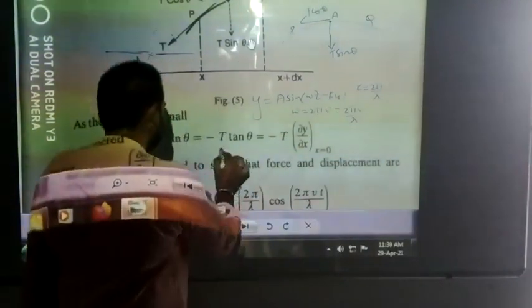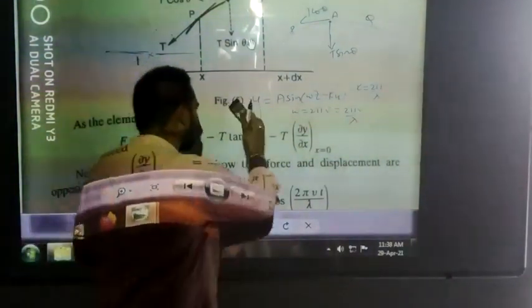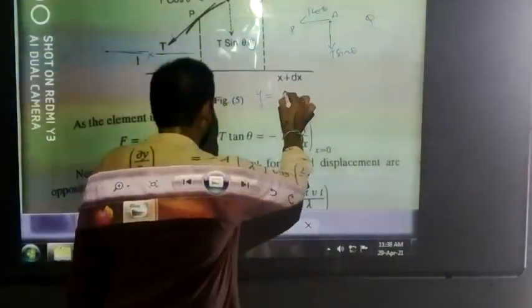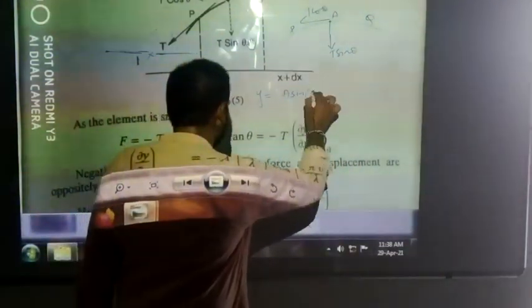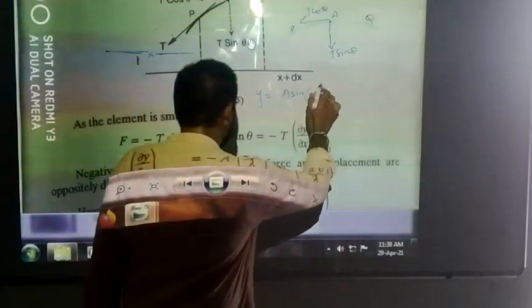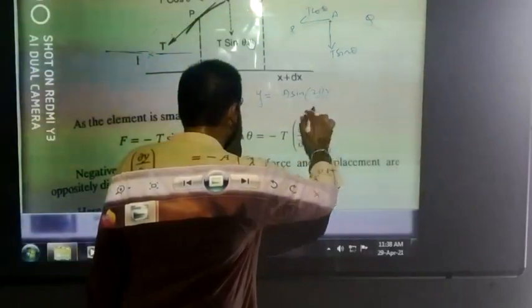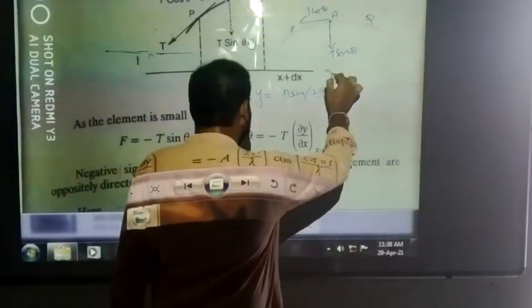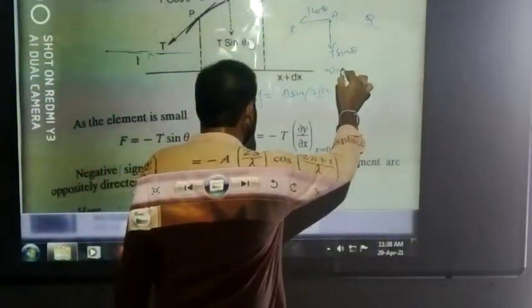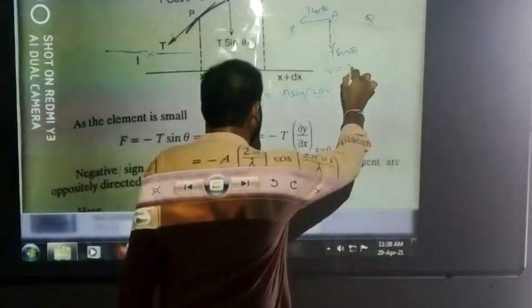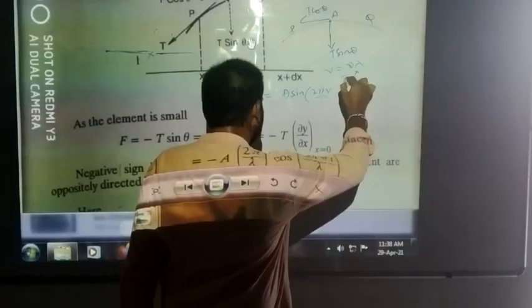So substitute. In place of ω, y = a sin ωt. ω is nothing but 2πv by... What we got: v = νλ, so λ = v/ν.